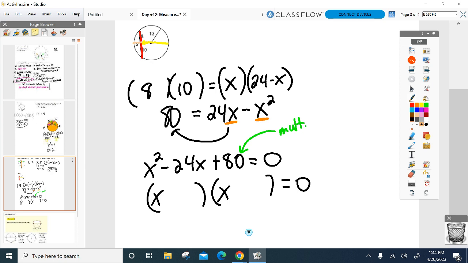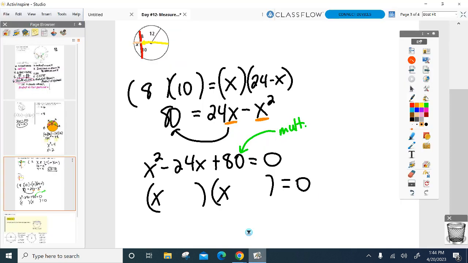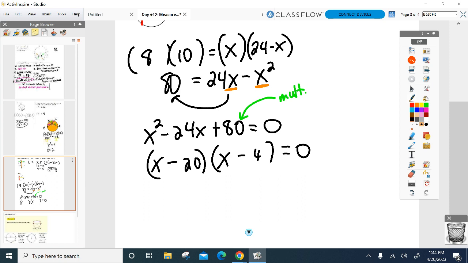Find those numbers. 20 and 4, both have to be negative. X equals 20. X equals 4.